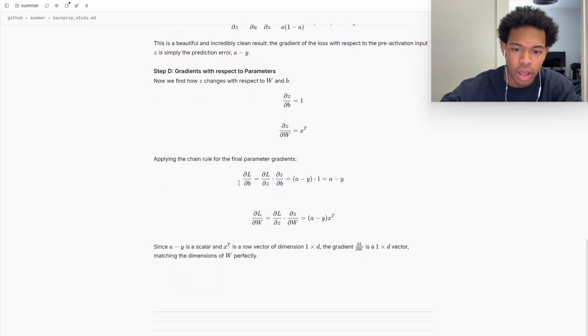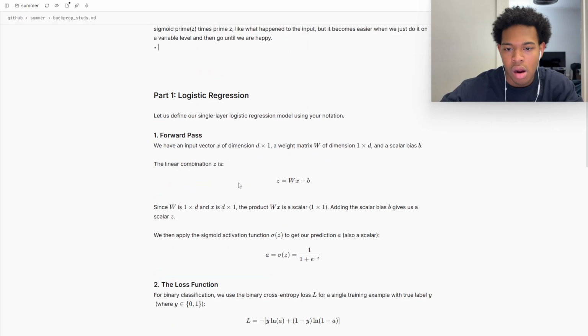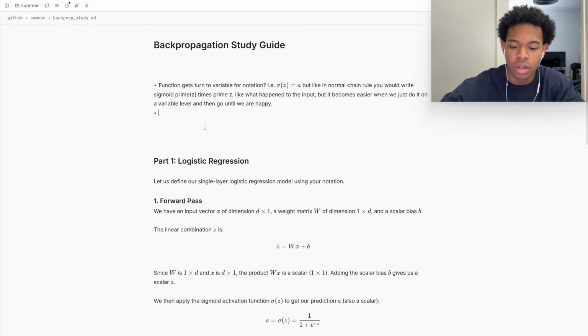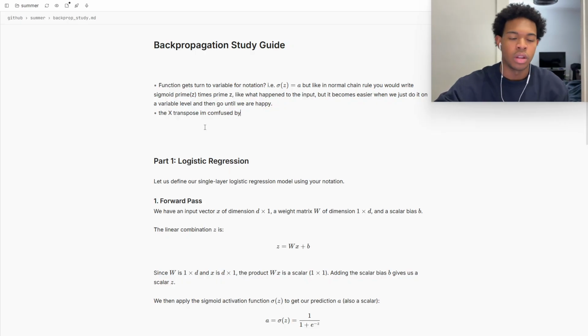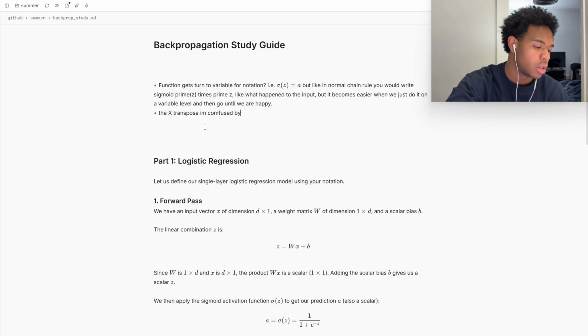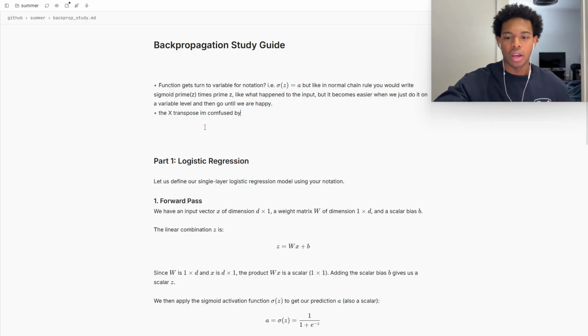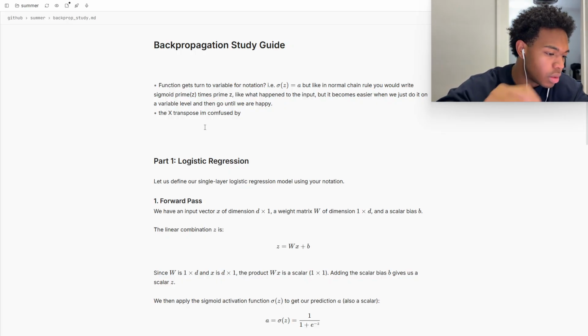There was one other thing I had. The X transpose, I would sort of formalize. I think the notation is one of the main things I'm confused about.